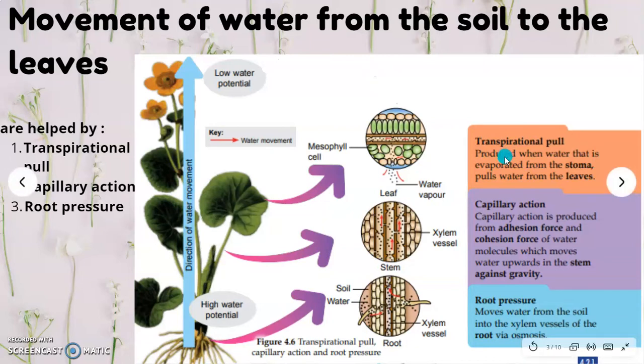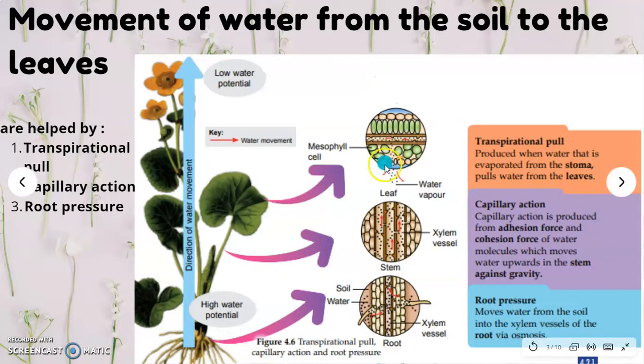So when the water vapor is released to the surrounding, it will create a transpirational pull that pulls the water from the xylem vessels of the leaf. It is produced when water is evaporated from the stoma or when transpiration occurs.